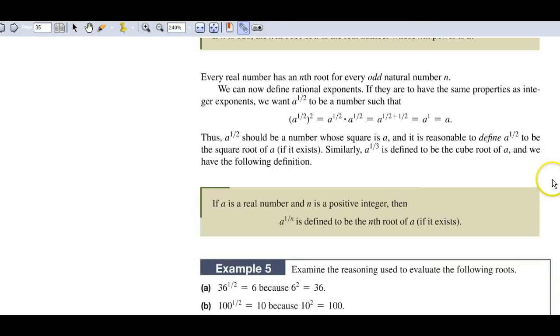So let's look at some background here. If we had a to the 1/2 power, which is, again, this is the exponent, but it's a fractional exponent, times a to the 1/2, we add that together and we just get a to the 1st.